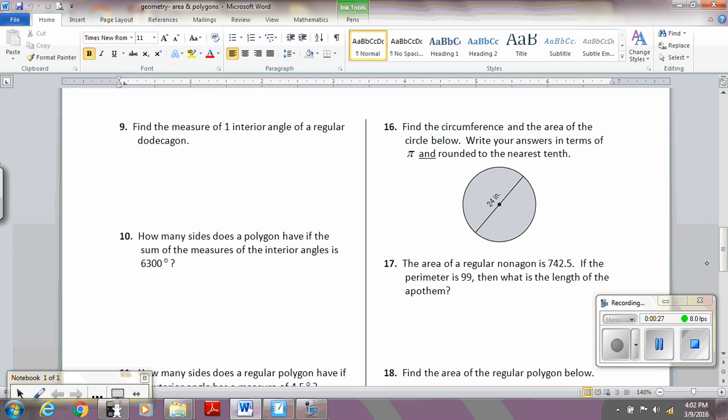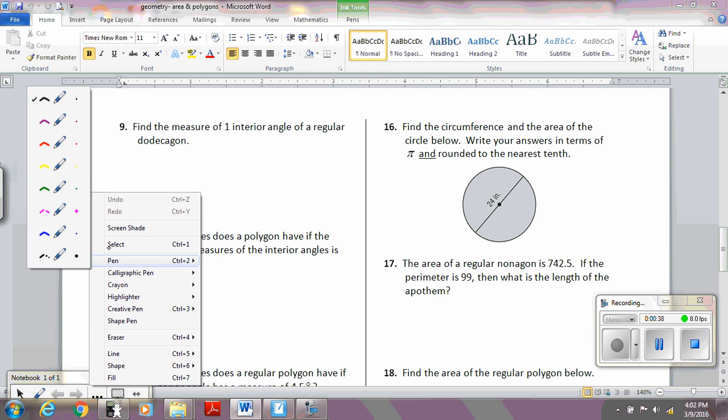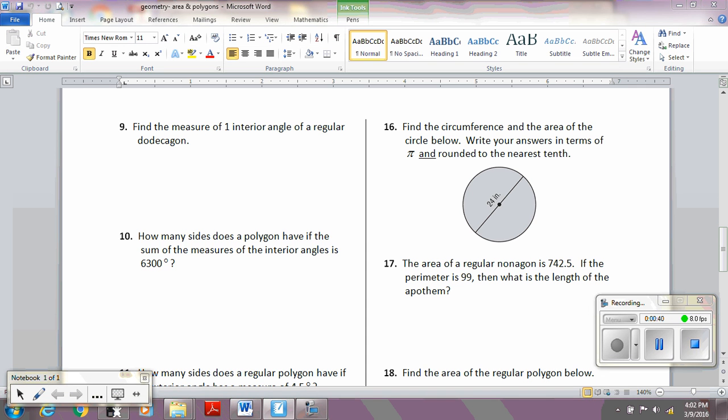Alright, for number 9, it wants us to find the measure of one interior angle of a regular dodecagon. A dodecagon is an 11-sided figure. The formula for one interior angle is 180 times n minus 2, divided by n.